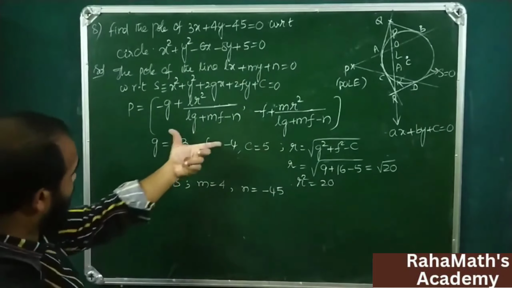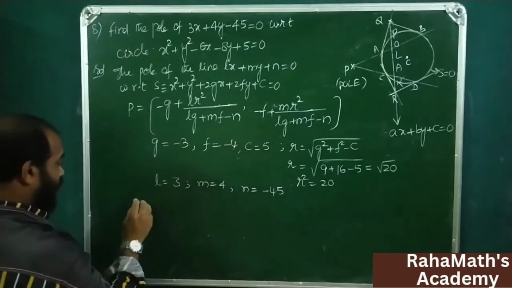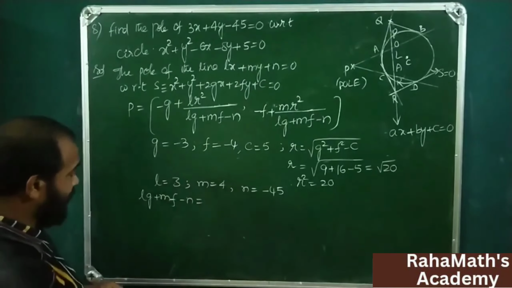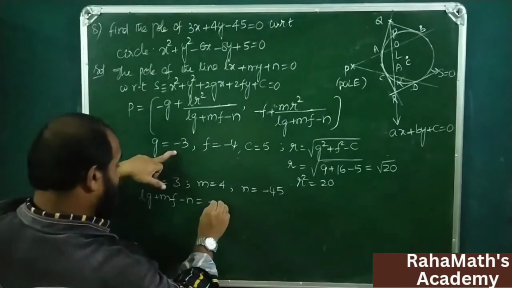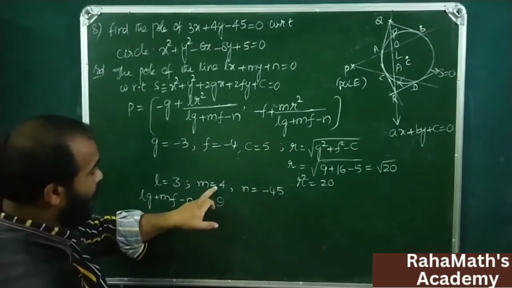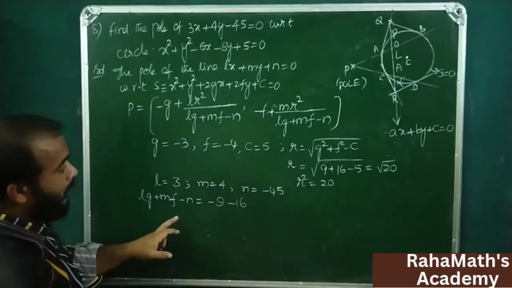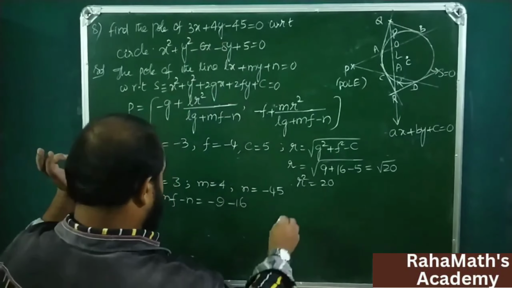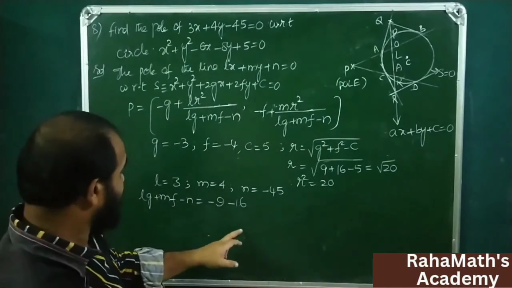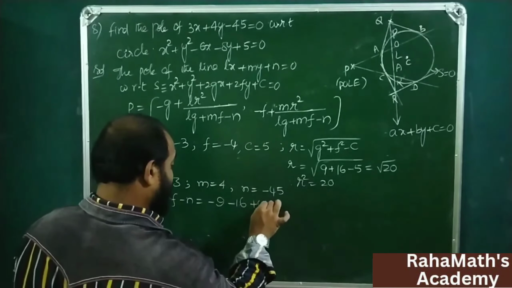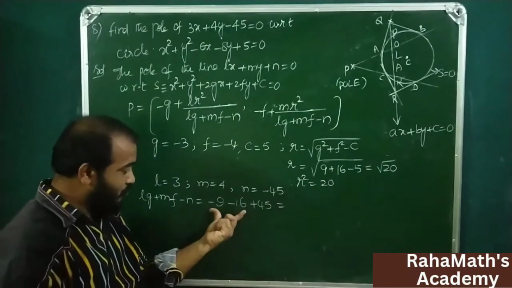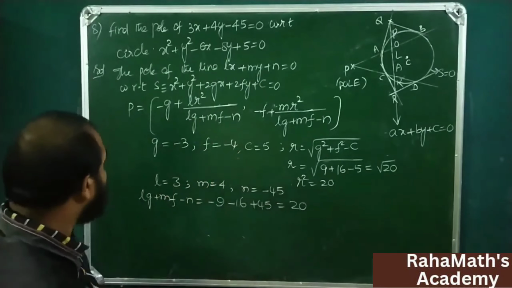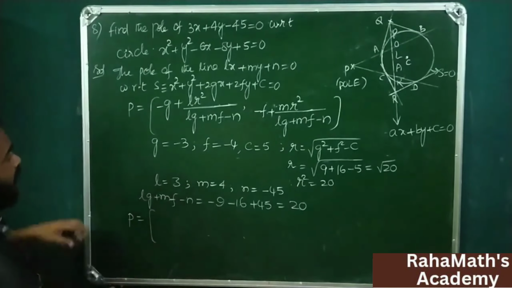Now let us find the denominator too. lg plus mf minus n equals 3 into minus 3, minus 9, plus 4 into minus 4, minus 16, minus n. Here n value is minus 45, so minus of minus is plus 45. So this is minus 25 plus 45, which is 20.